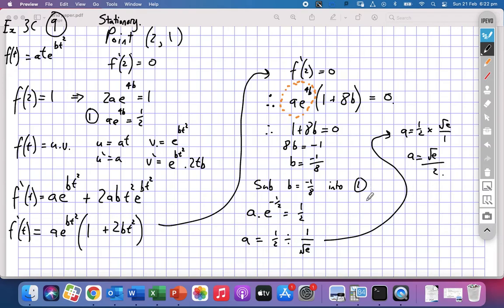All right. So there you go, we found a and b, and that's what we needed to do in this question. I had a few people ask about this one. It's really always the same sort of procedure. When you have two unknowns, you'll need two equations to find your unknowns.